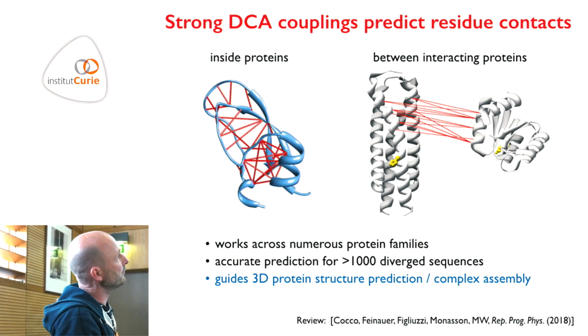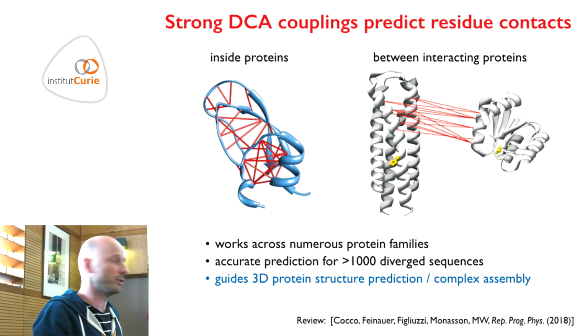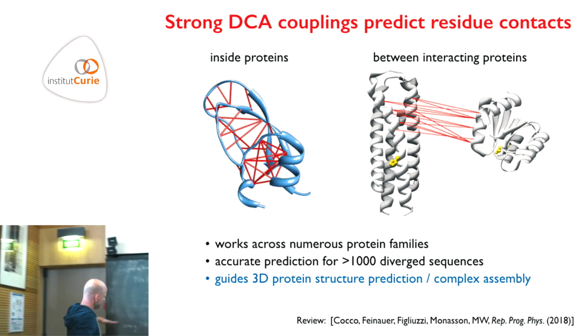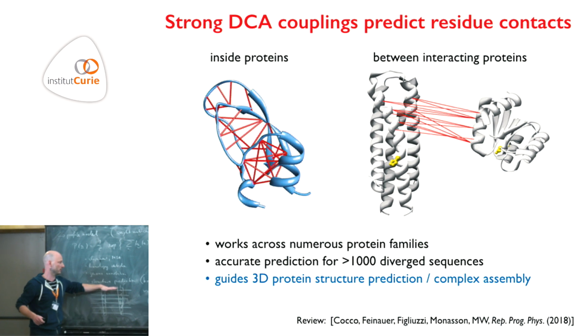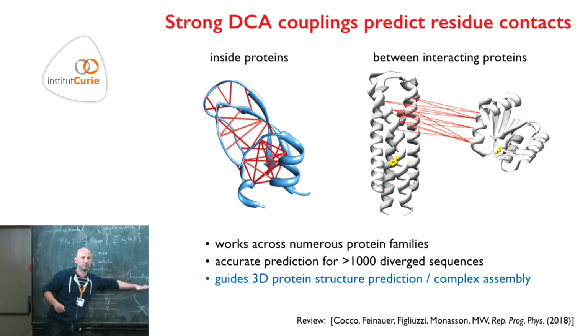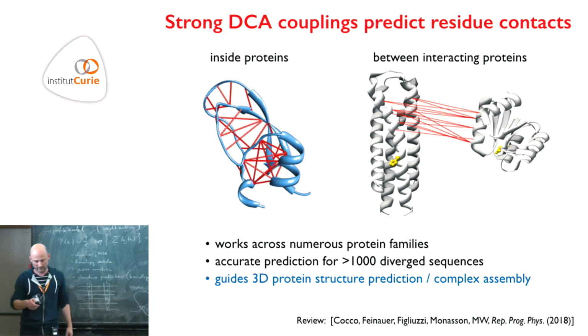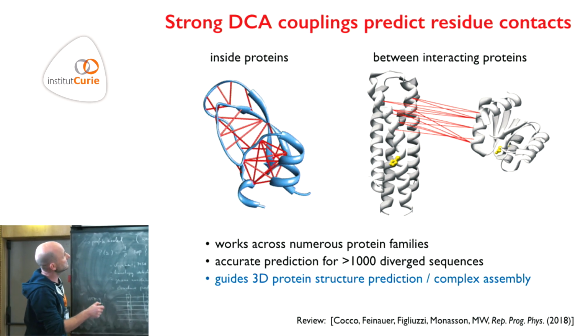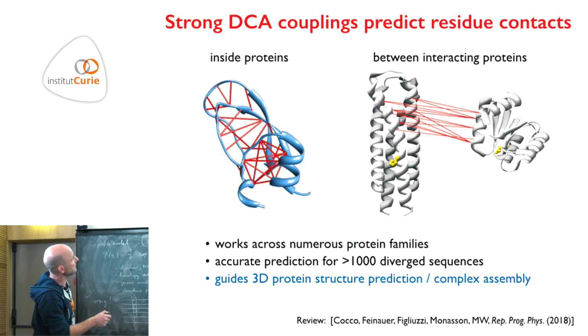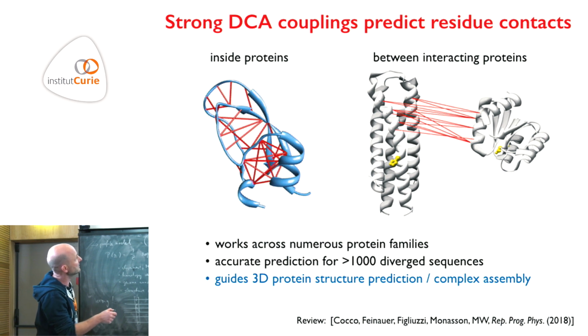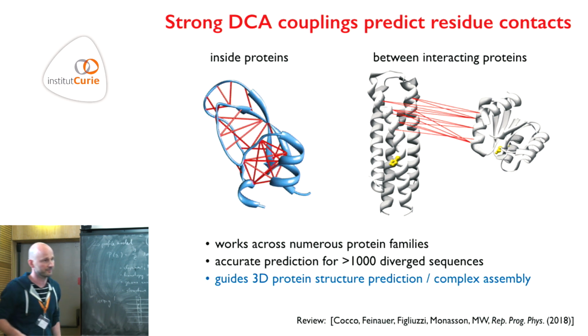Or you can use it also for predicting contacts between interacting proteins, where the alignment is now not one protein, but contains pairs of interacting proteins, and then you look at couplings between the two proteins. And here is one case. This is the histidine kinase which I have shown before. It's a homodimer, so that's why you see 4 helices.